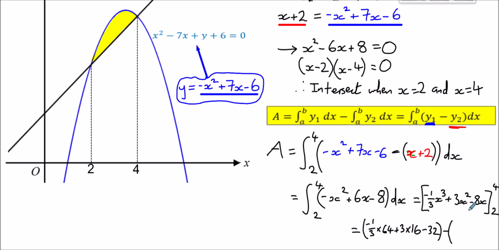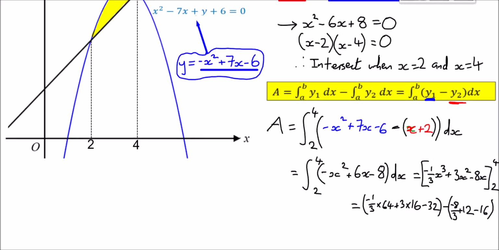I'm going to minus off this when x is 2. Minus 1/3 times 2 cubed, that's minus 8/3. Then plus 3x squared. Well, when x is 2, 2 squared is 4, so that's going to give us plus 12. And minus 8x, when x is 2, 8x is going to be 16.